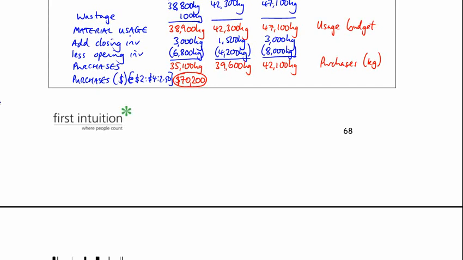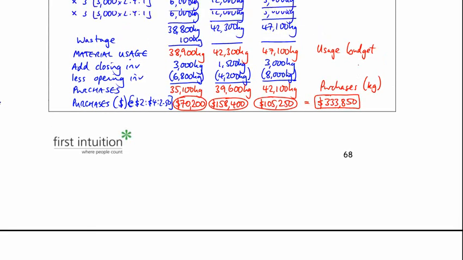For metal, it's at $4, so 39,600 kilograms at $4, that's $158,400, and then 42,100 kilograms at $2.50 gives us $105,250 worth of rubber. Add all those three together, we've got a total purchases budget of $333,850.